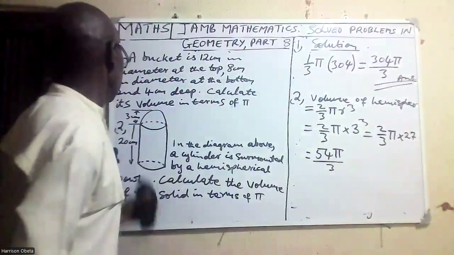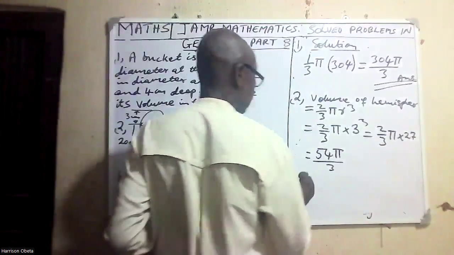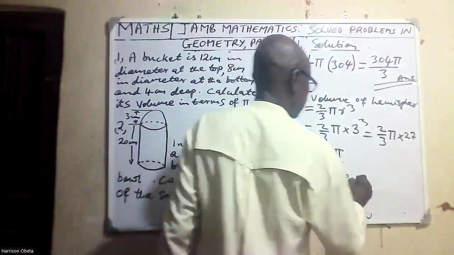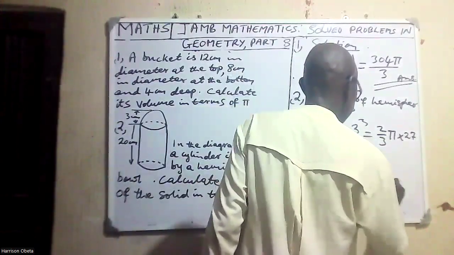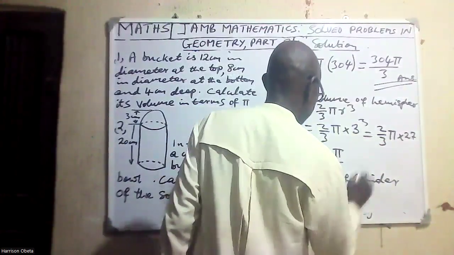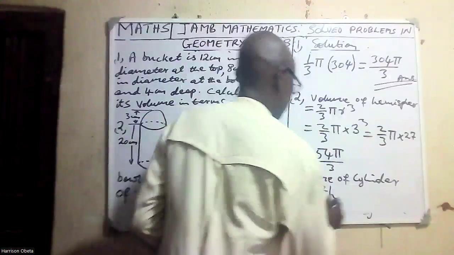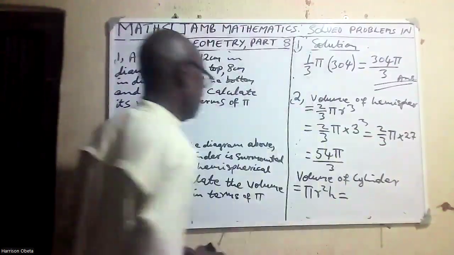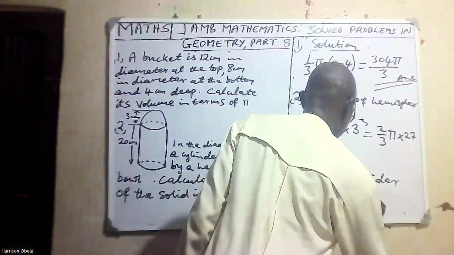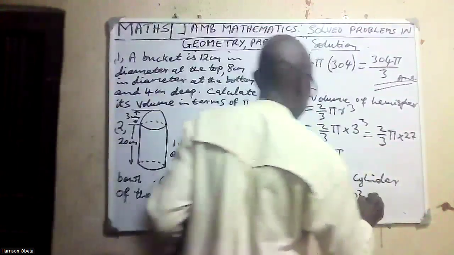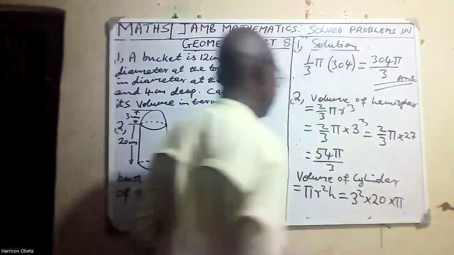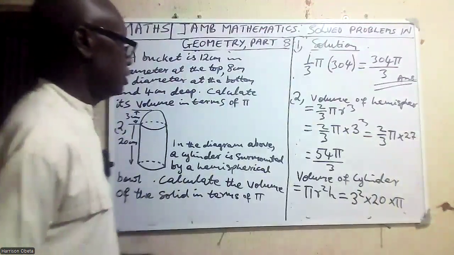Then we now check the volume of cylinder. Volume of cylinder is equal to pi r squared h, which is equal to, our r is 3, that is 3 squared times 20, then times pi. That's pi r squared h.